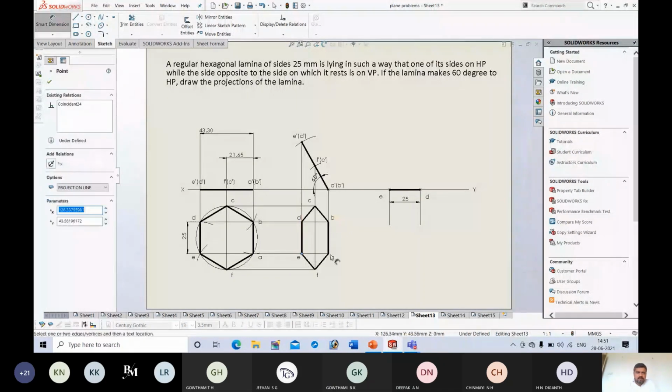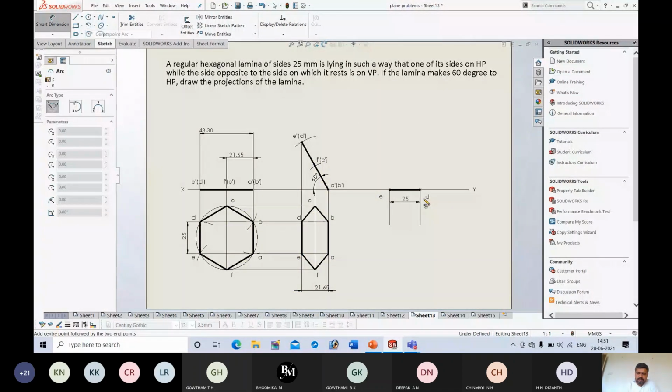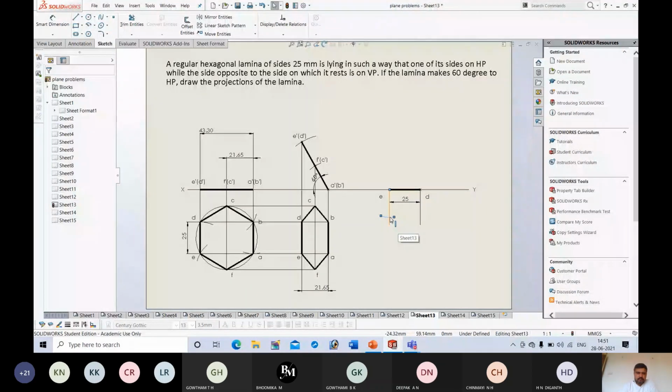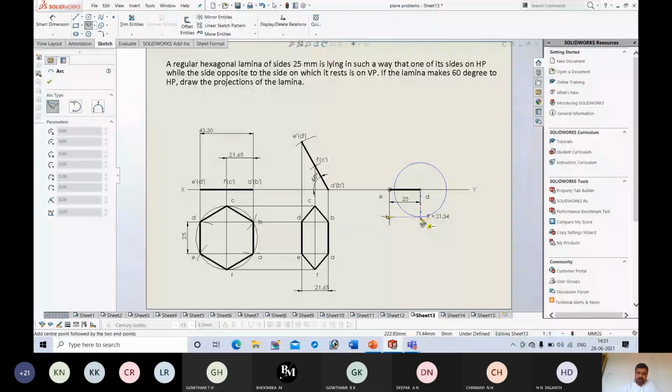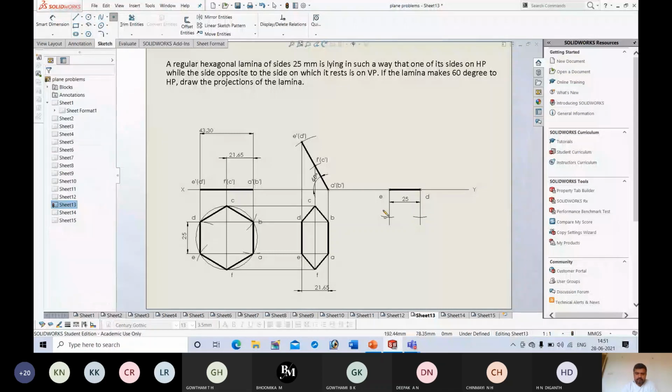Using the compass from E, I will cut an arc by taking radius 21.65, and I will get point A. Similarly, with B as center and 21.65 as radius, I will draw one more arc.